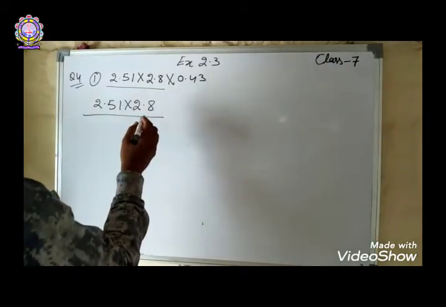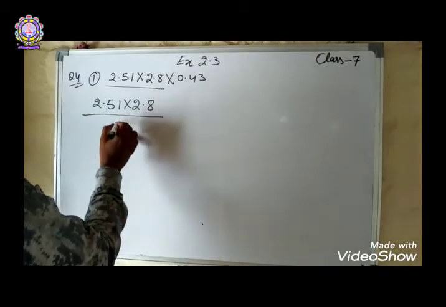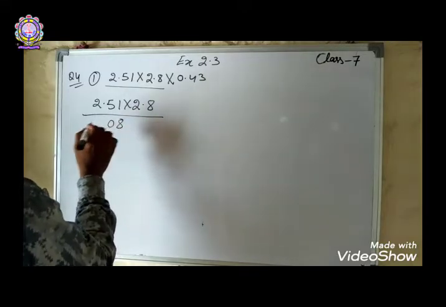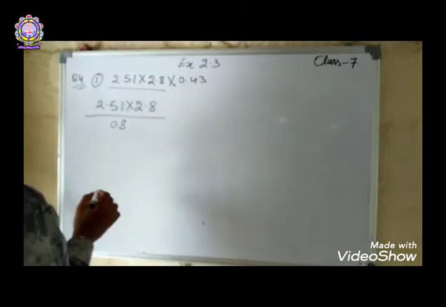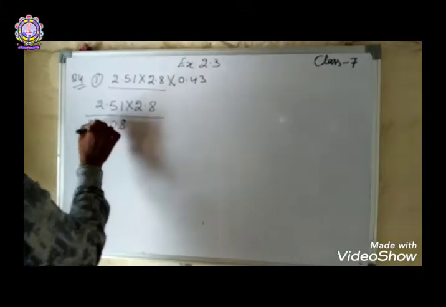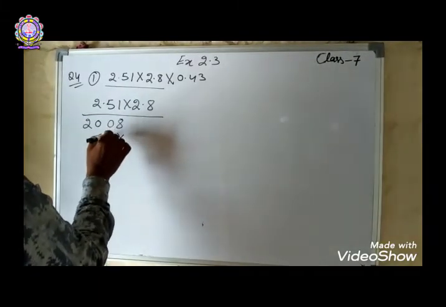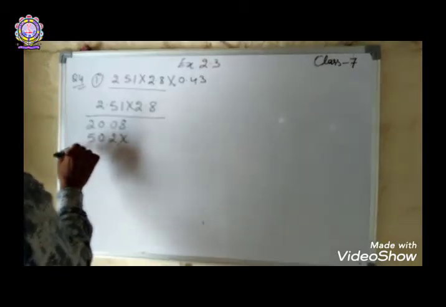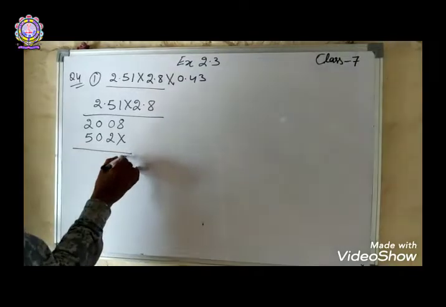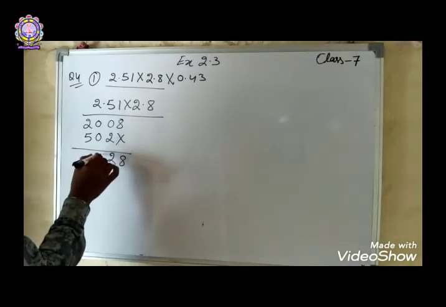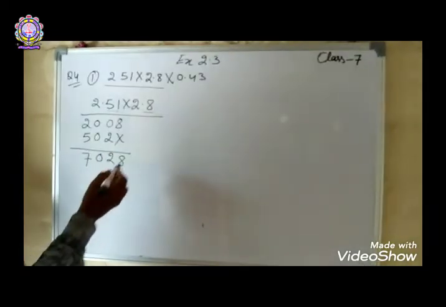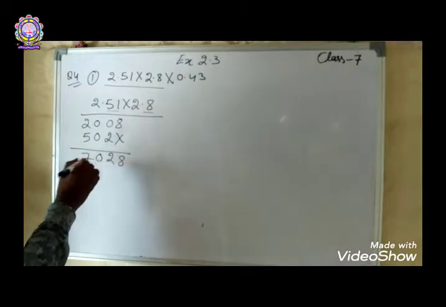First multiply by 8. 8 1s are 8, 8 5s are 40, 4 carry, 8 2s are 16, 4, 20. Then cross, 2 1s are 2, 2 5s are 10, 1 carry, 2 2s are 4 and 5, and then add. 7028. So we use the decimal: 2 and 1 digit, that is 3 digits.